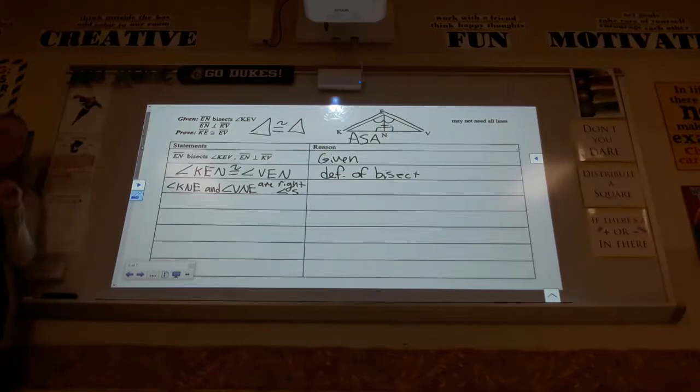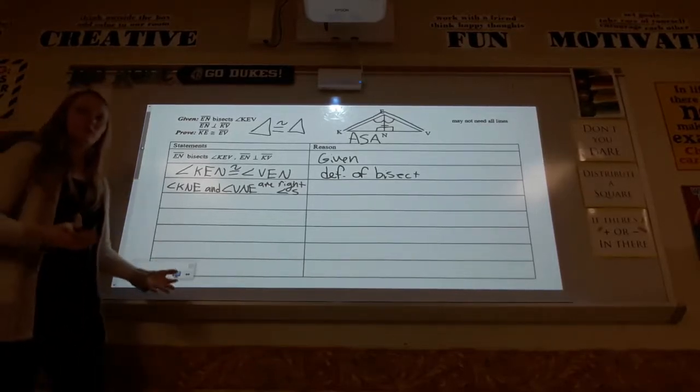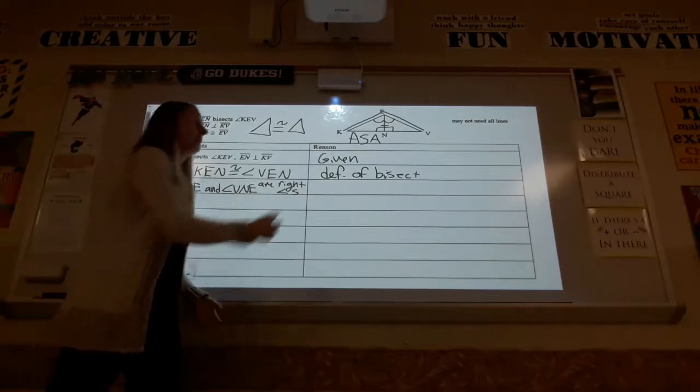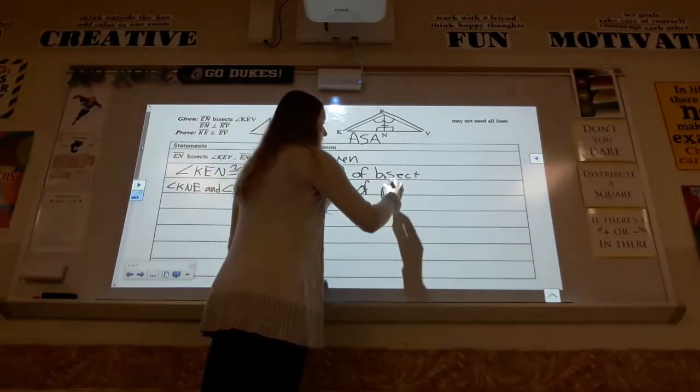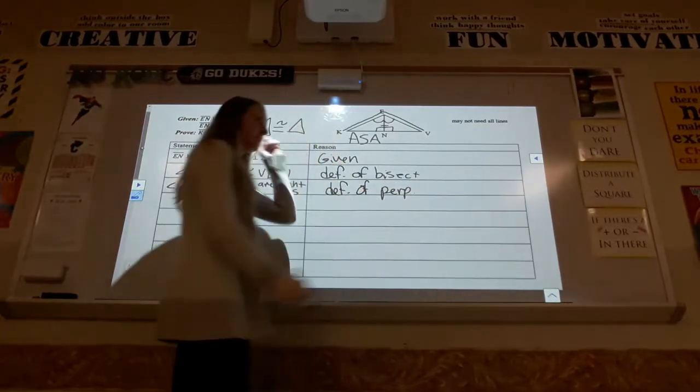Just like we saw in the previous proof that used perpendicular within the given, once you see that they're perpendicular, you follow up by saying that they're right angles because of the definition of perpendicular. When you guys see that symbol or you see the word perpendicular, that should be the first thing that comes to mind.